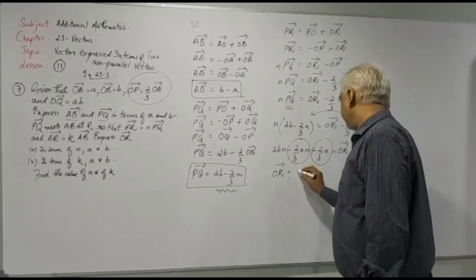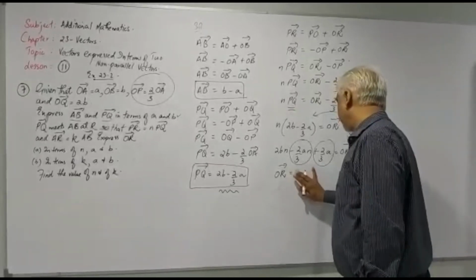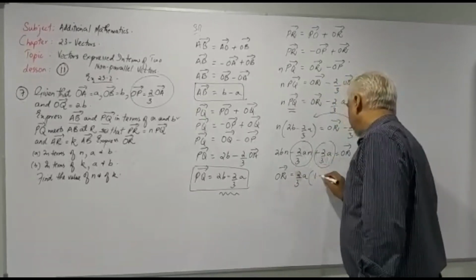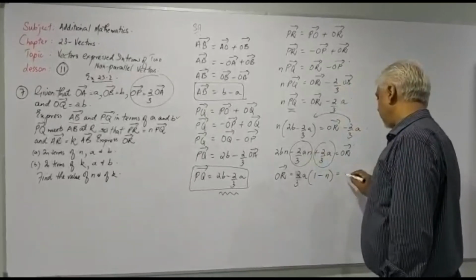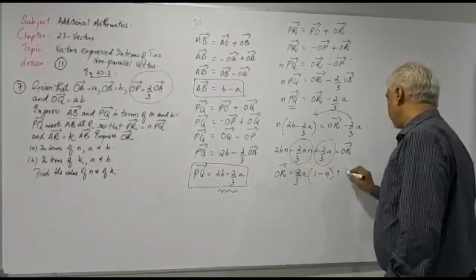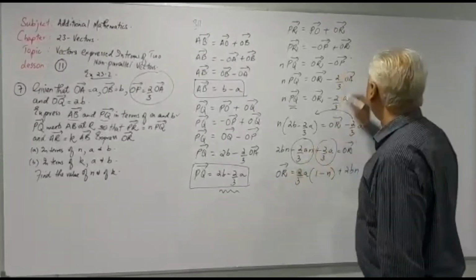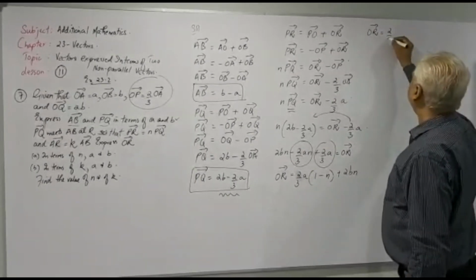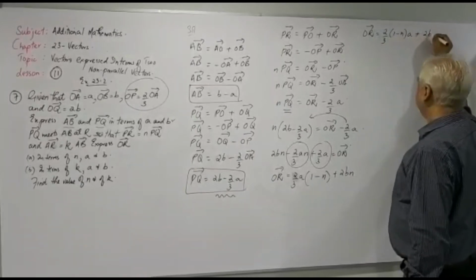So if I take it common I'll get 1 minus n, A, plus 2bn. So OR is equal to 2 over 3, 1 minus n, times A, plus 2bn.